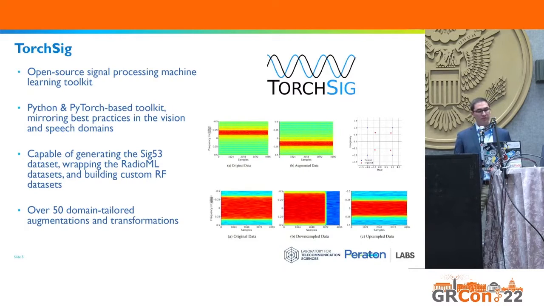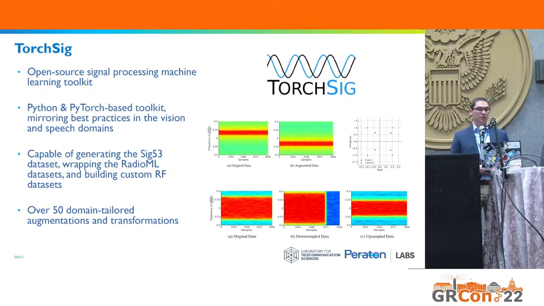So we're introducing TorchSig as a Python-based toolkit that mirrors a lot of the best practices from these other PyTorch libraries. This toolkit, like I said, is capable of generating the SIG53 dataset. We also include some dataset wrappers such that if you're doing existing work on the RadioML datasets, you can continue doing this work, but still get access to a lot of the features and data handling pipelines that we're introducing as part of TorchSig.